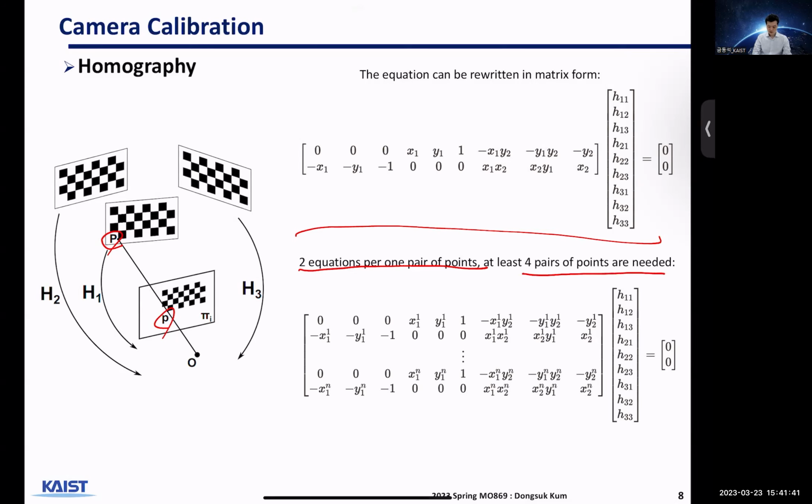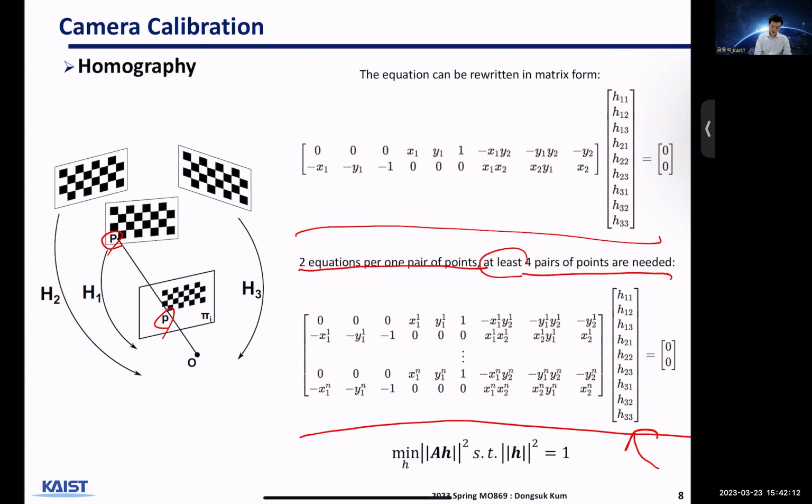And if we have 4 pairs of points, then we can build this equation in matrix and vector form. The problem we are trying to solve is to find this H, which is the homography. So in summary, if we have at least 4 pairs of points, we can solve for this homography matrix.